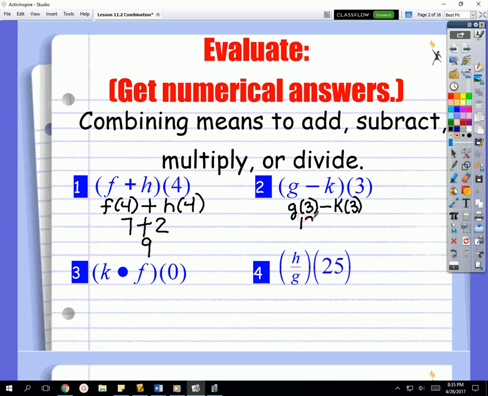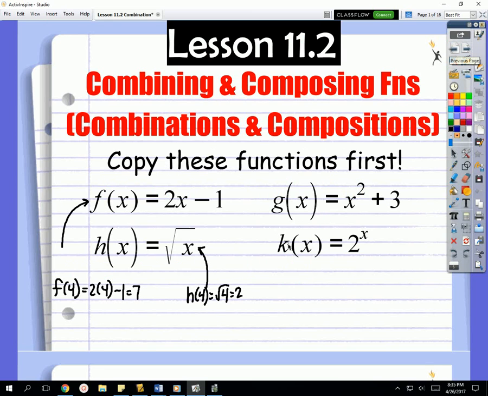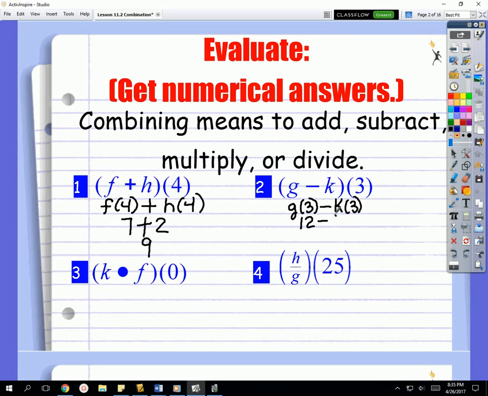So I'm going to write 12 in here, and I'm going to put a minus sign. K of 3 means do 2 to the 3rd power. 2 to the 3rd power is 8. And 12 minus 8 is 4. See? Combining is not really difficult, so this is something that's definitely within reach that you could do if you see it on the EOC.